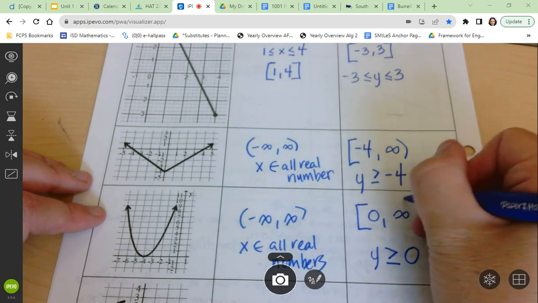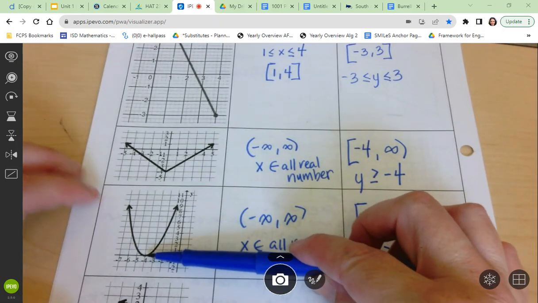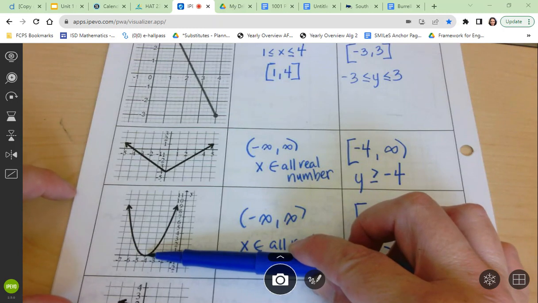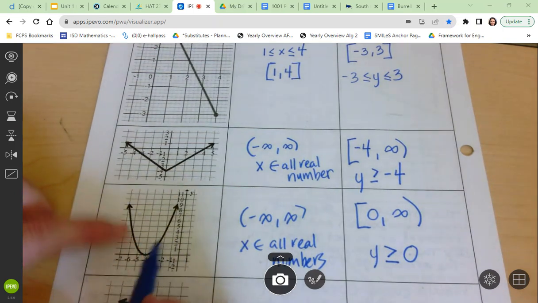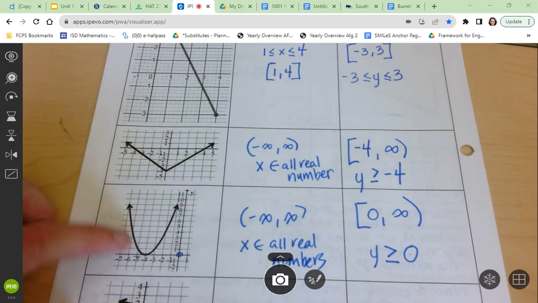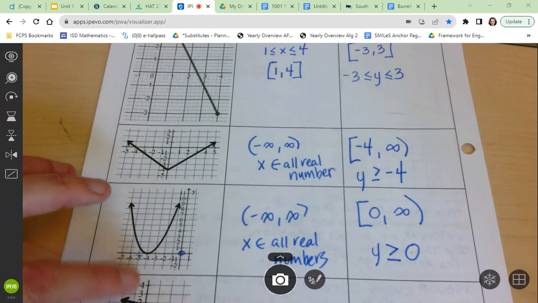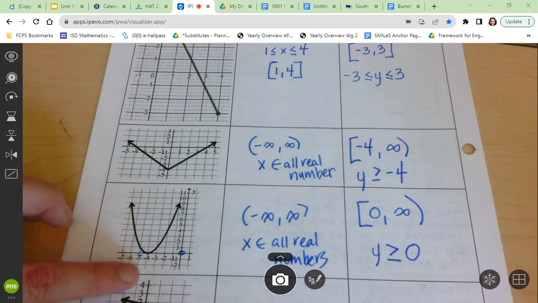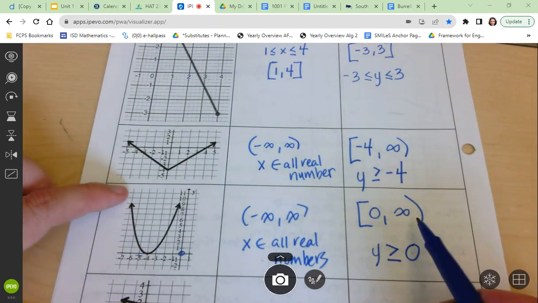All right, this one was tricky because you look at this point here and you notice that this is the bottom point, but when you're looking at it, you're not thinking about the number 0, you're thinking about the number -4. But Jasmine's right, the y value here is actually 0, because if you look over here on the y-axis, it hits 0. So if you wrote -4 to infinity, I totally see where you're coming from because that's the number you're looking at, but you actually want the y value there. So make that correction and make it 0 to infinity.